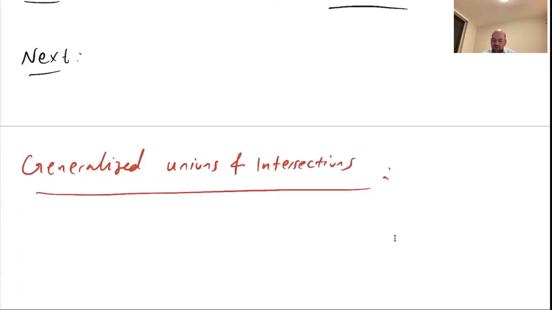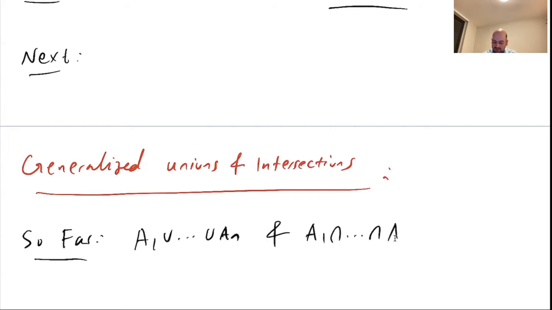Well, so far we have defined a union and intersection of finitely many sets, right? So far, A1 union to AN, and let's say A1 intersection to AN have been defined.